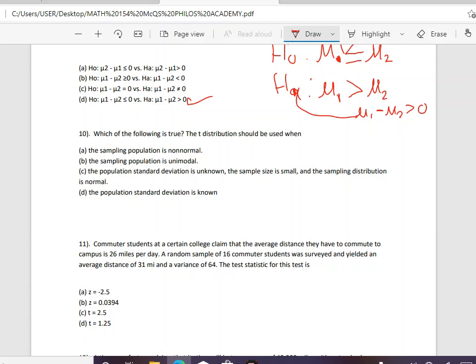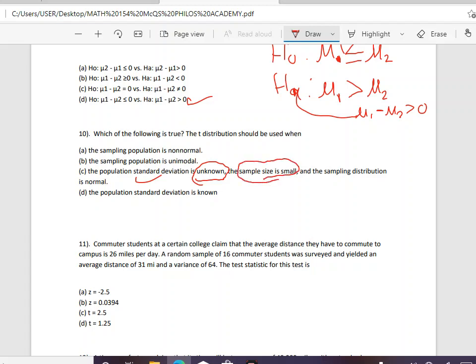Question 10 says, which of the following is true? The T distribution should be used when, no doubt about it, the answer is C. You can only use the T distribution when the population standard deviation is unknown. Condition 1, please keep it. When the population standard deviation is unknown, and at the same time the sample size is small.